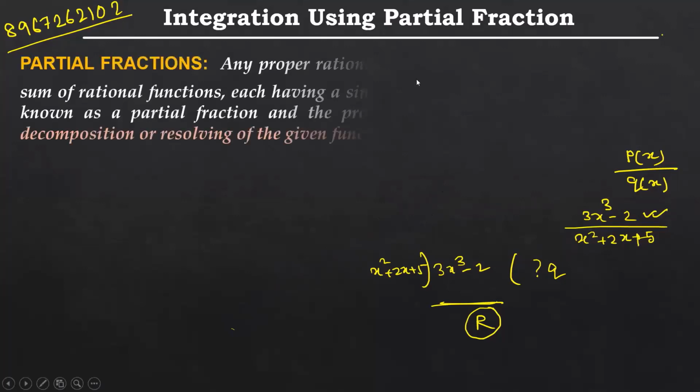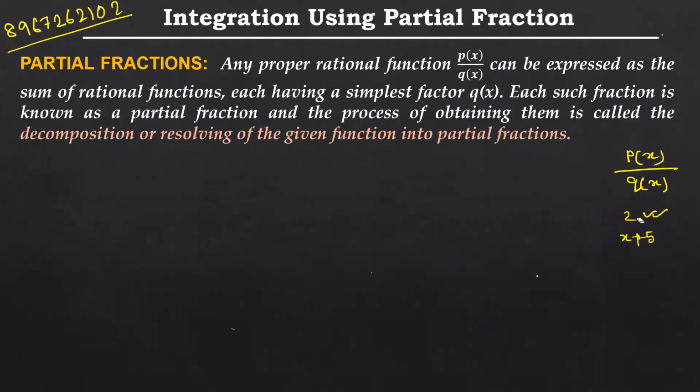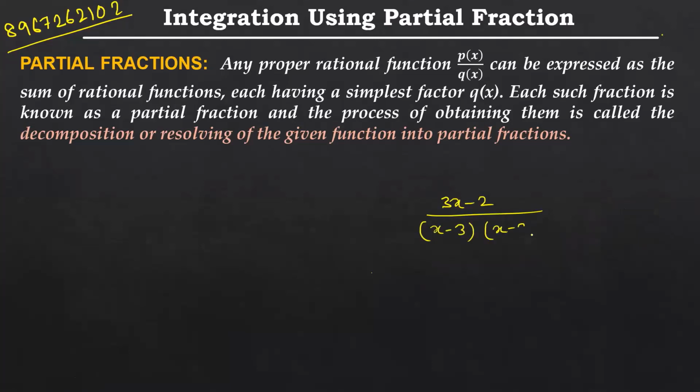that any proper rational function P of X by Q of X can be expressed as the sum of rational functions, each having a simplest factor of Q of X. So let's understand this by taking an example. Suppose 3x minus 2 over (x minus 3) into (x minus 2) square is given.